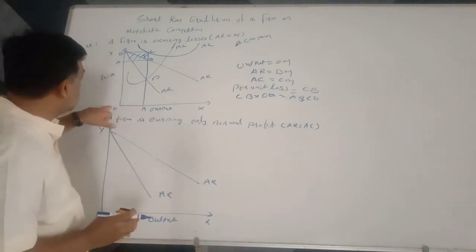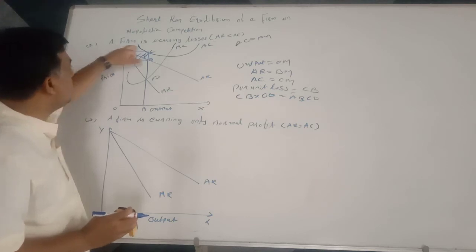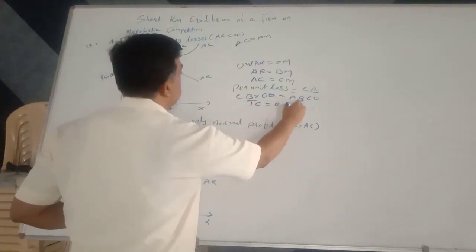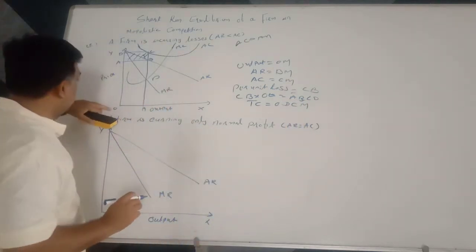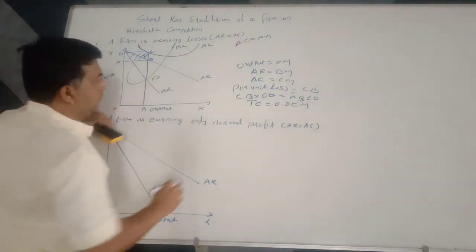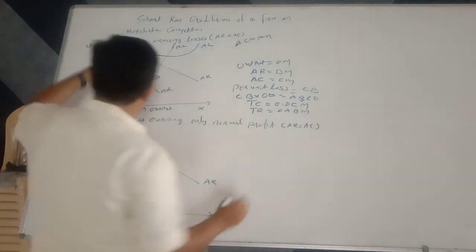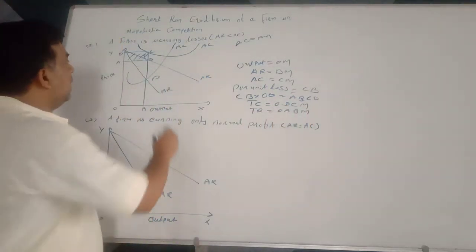So what is the total cost? ODCM. Total cost is ODCM. Total revenue is OABN. So obviously, what will rectangle ABCD be? Loss.